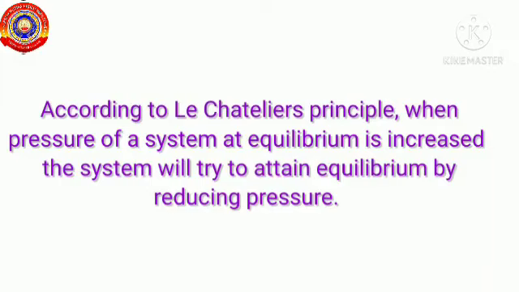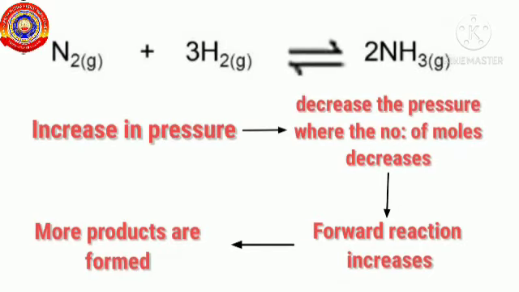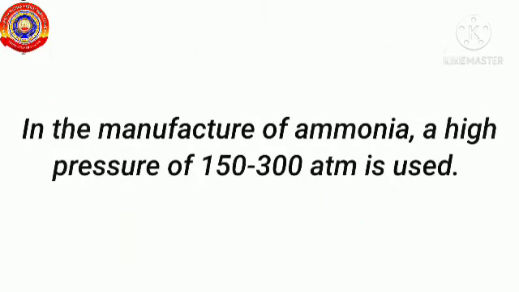In the case of the manufacture of ammonia, as the pressure in the system increases, the system will try to reduce the pressure where the number of moles decreases. The rate of forward reaction increases and more ammonia is formed. In the manufacture of ammonia, a high pressure of 150 to 300 atm is used.